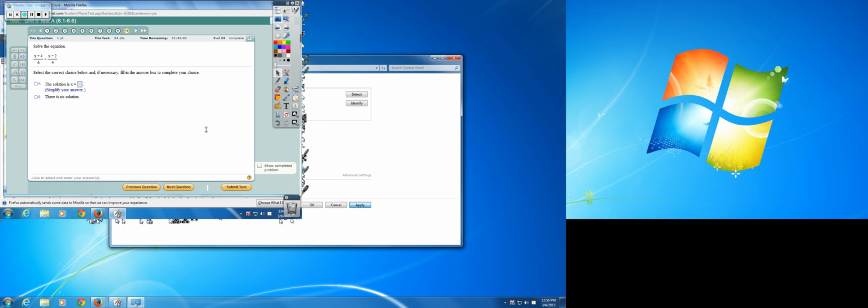It says x plus 4 over 6 is equal to x minus 2 over 4.